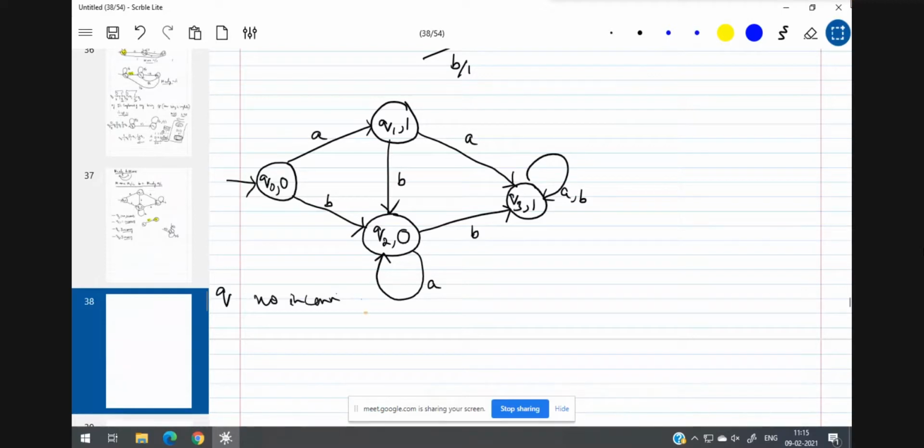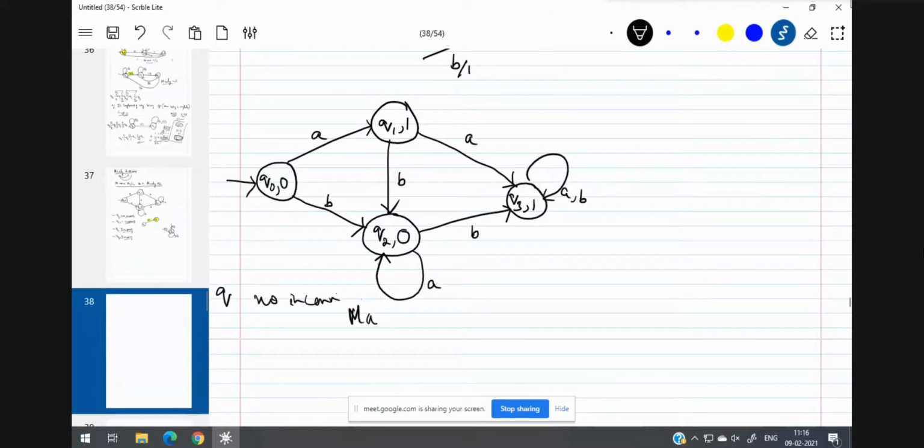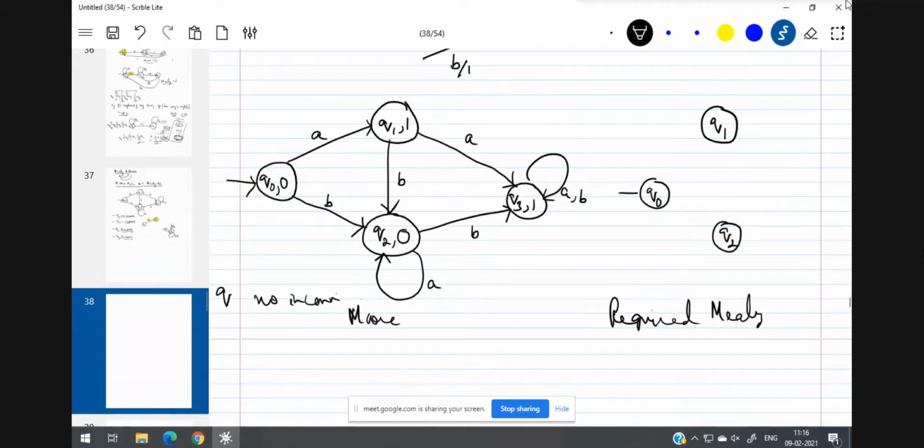This is the given Moore machine and then the required Mealy machine. Whatever modification I have done there, I need to replace in here. This is Q1, this is Q2. The initial state won't change. The initial state will remain the same, both for Mealy to Moore or Moore to Mealy.